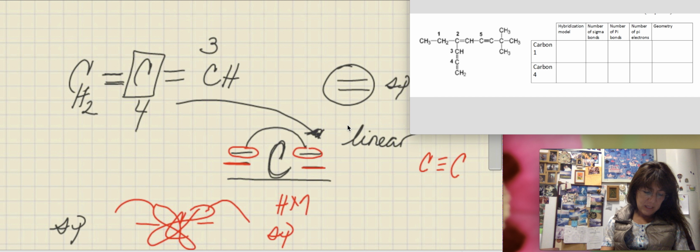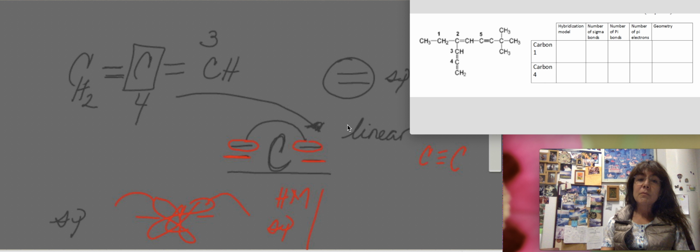Number of sigma bonds, you have 2 sigma bonds. Thinking about the number of pi bonds, you have 2 pi bonds. Number of pi electrons, you have 1 from this carbon atom and 1 from its neighbor.